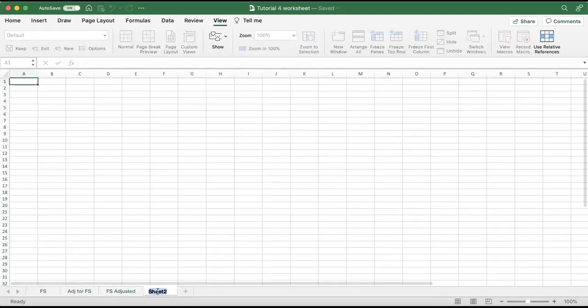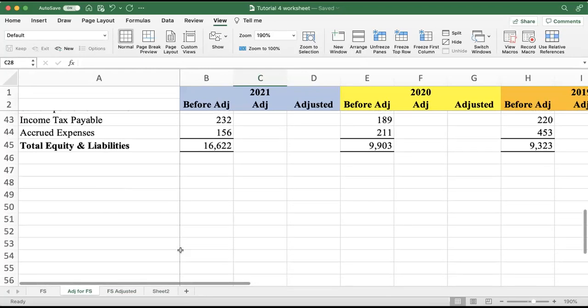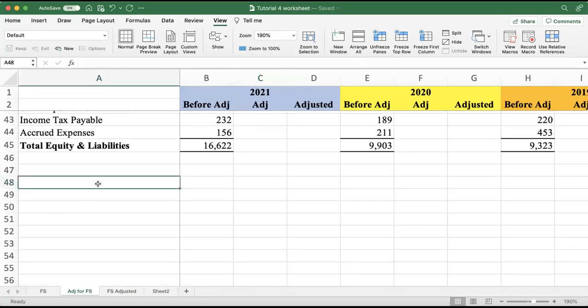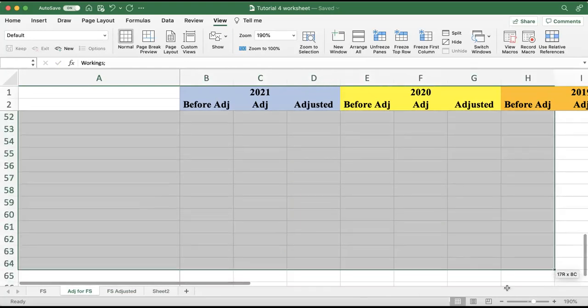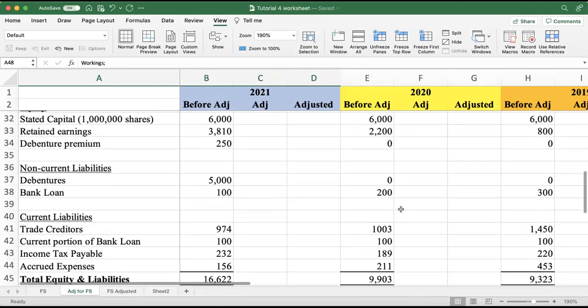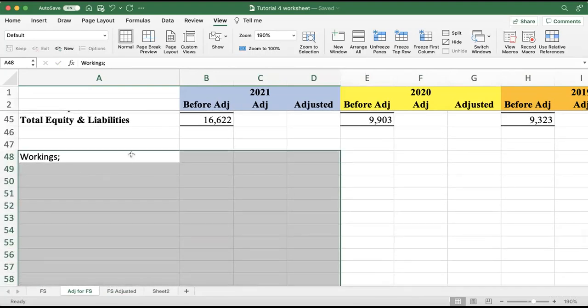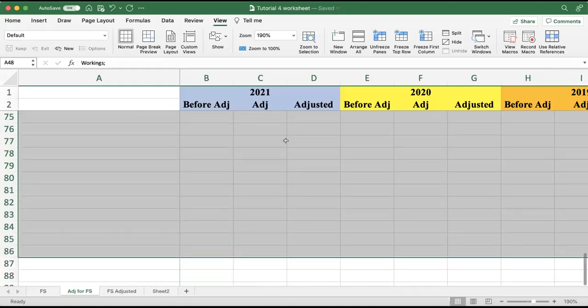Right? So in this worksheet, somewhere down after the financial statements, you can have workings.